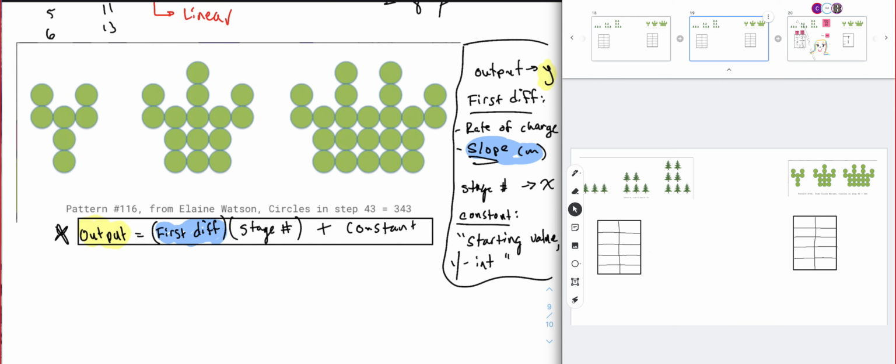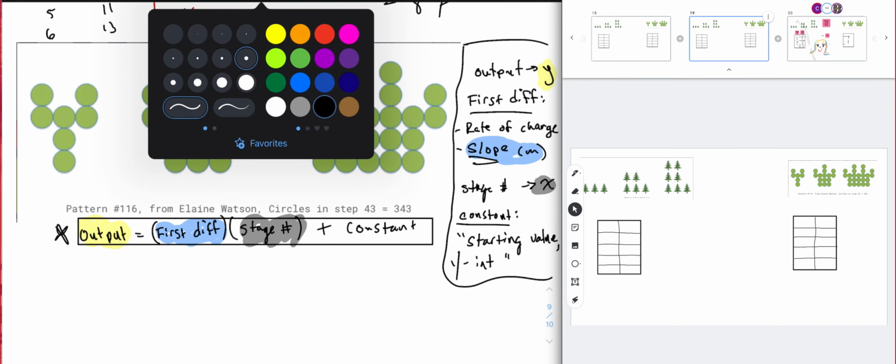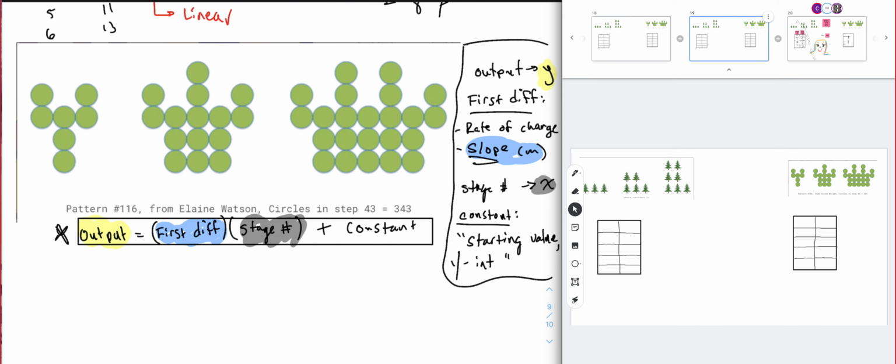And the stage number is going to be X. Okay, and the constant will be the y-intercept, which we called B from grade 9.